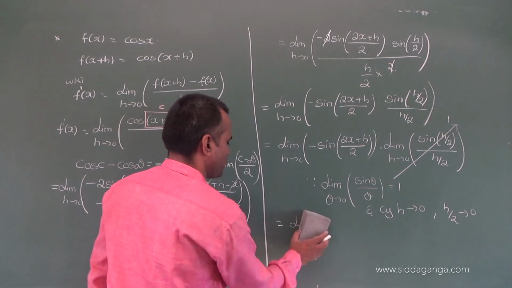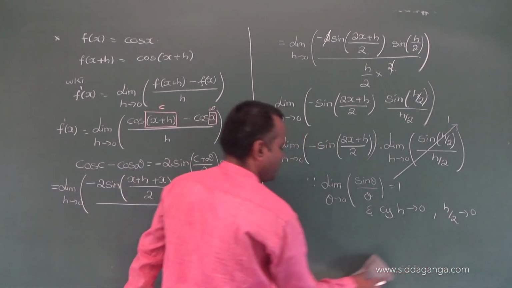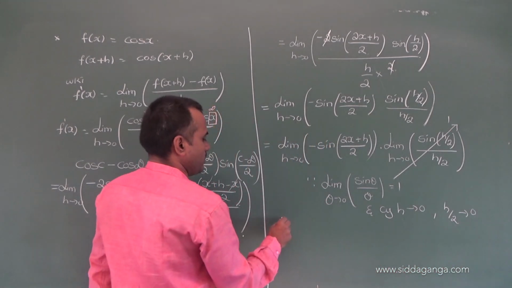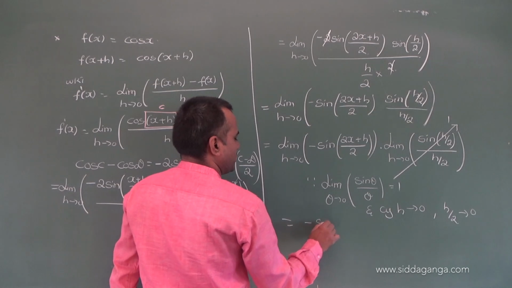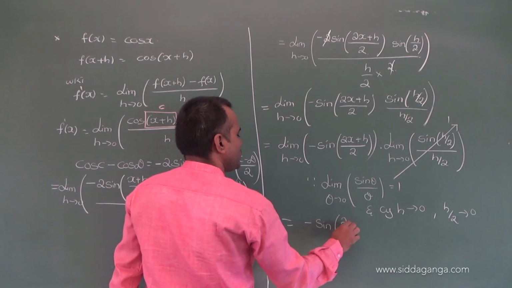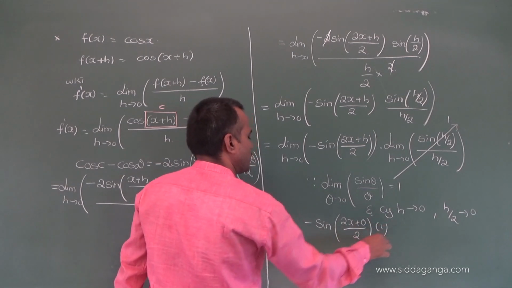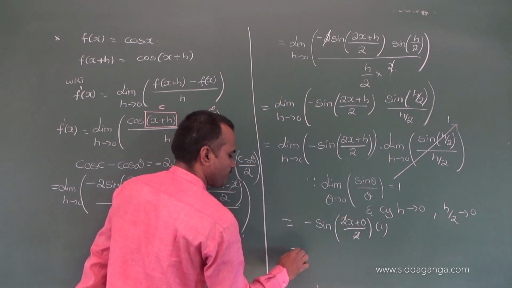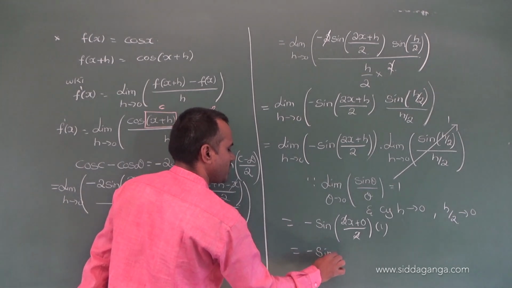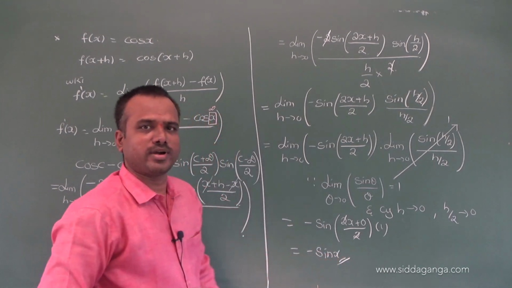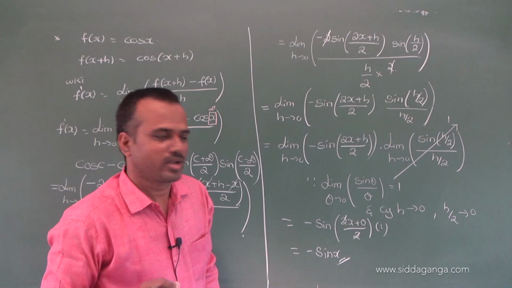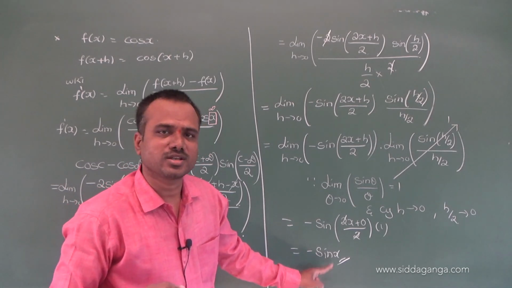If you want, I substitute the value and find the result: minus sin of (2x plus 0) by 2, into 2 gets cancelled, minus sin x, that is minus sin x.